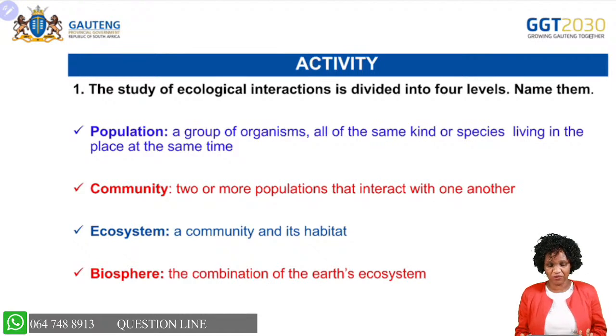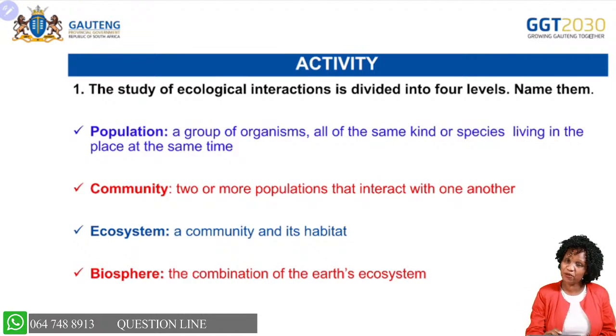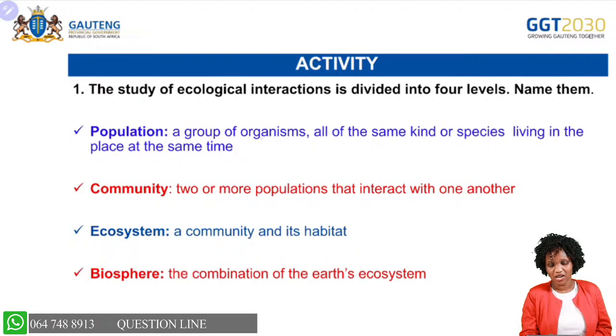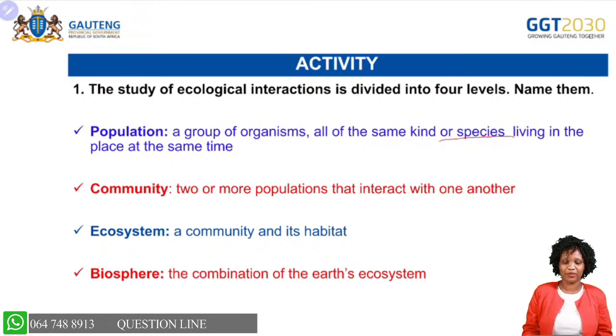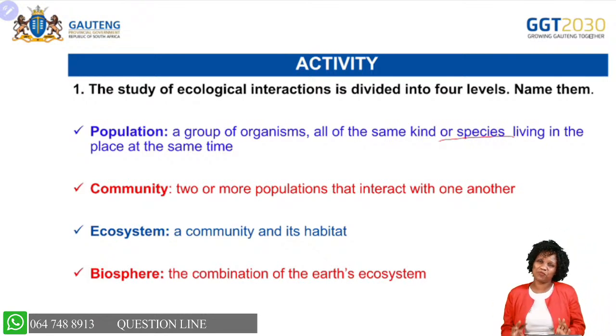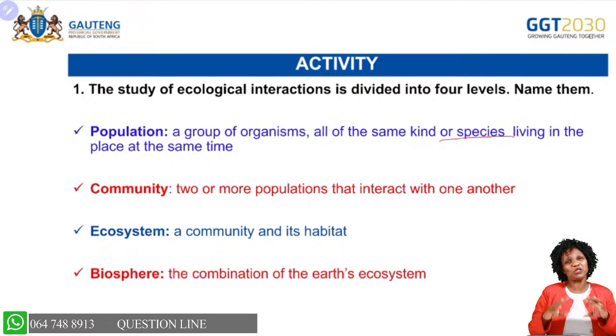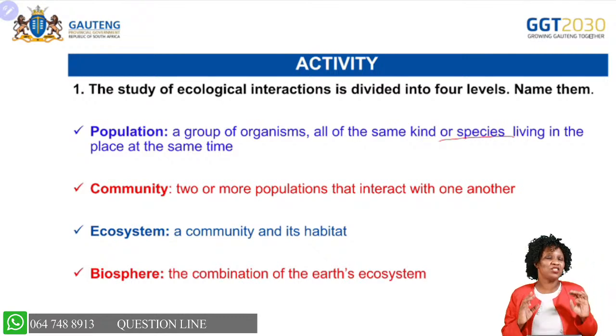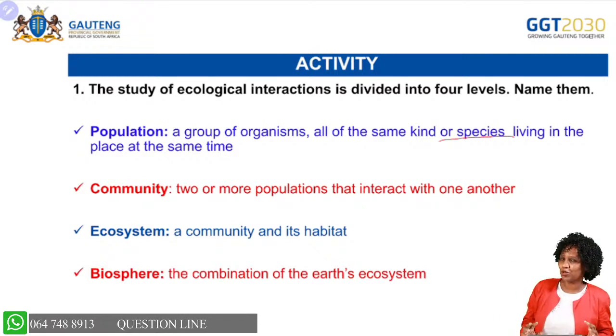We've got population. When you're defining population, you say it is a group of organisms, all of the same kind or species living in the same place at the same time. When we're talking about a population, we are talking about a group of animals of the same species living together.